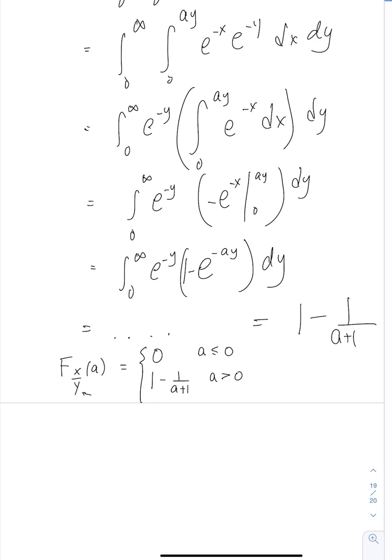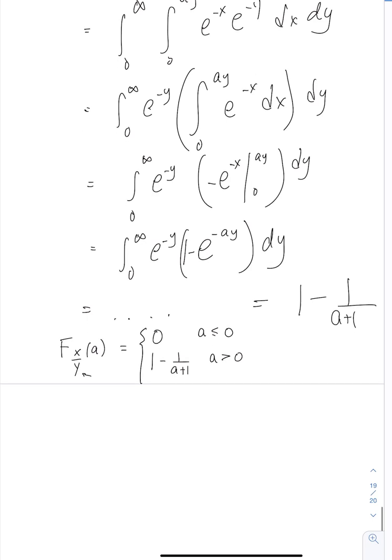Then you differentiate it: differentiating (a plus 1) to the negative 1 gives negative (a plus 1) to the negative 2. So the density is 1 over (a plus 1) squared if a is positive and 0 otherwise. So that is the density for the random variable x over y.